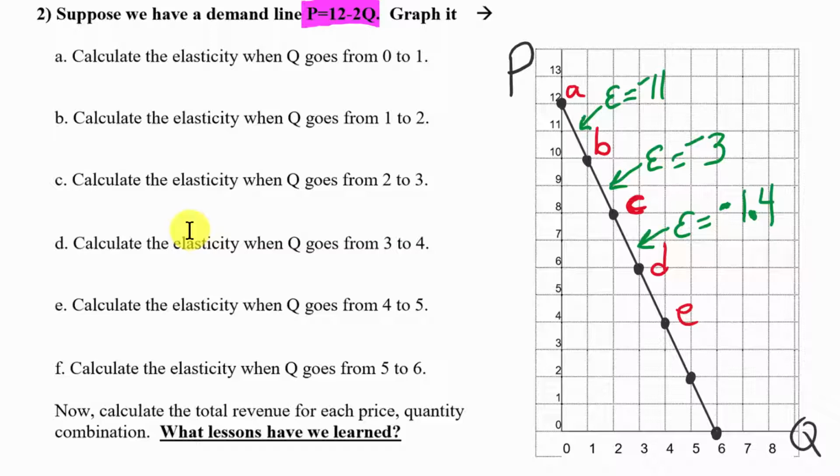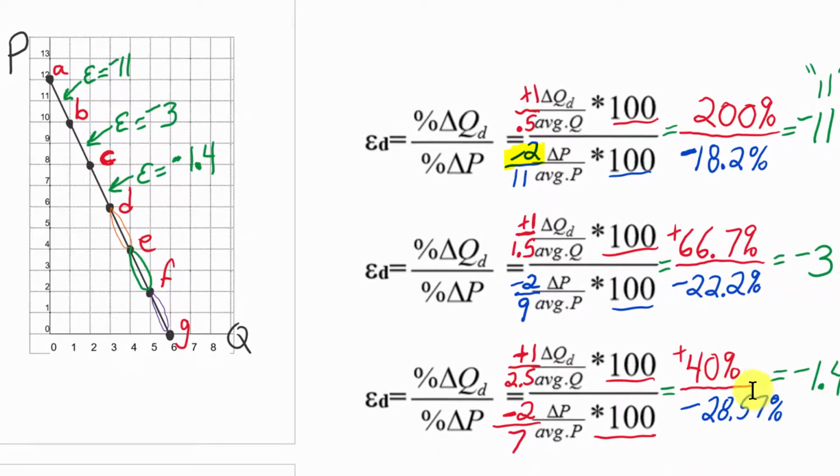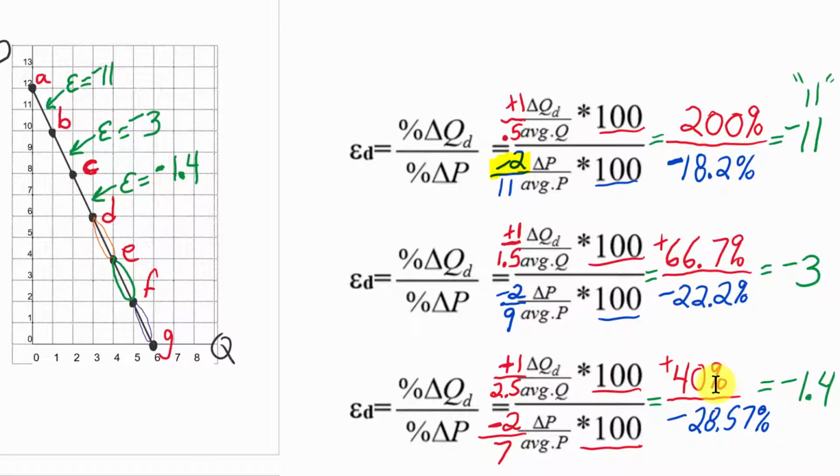So go between D and E and E and F and G and calculate these remaining 3 elasticities for this orange section here between D and E, this green section between E and F, and this purple section between F and G, okay? So I'm going to move this back over here so you can see the formulas and see what we did before. Pause the video and work out those remaining elasticities, and I'll come back and show you my answers.